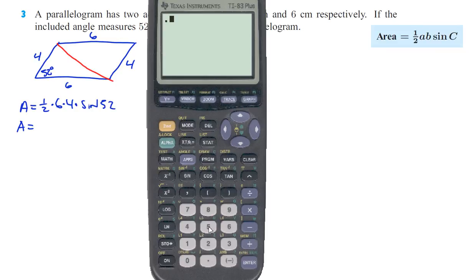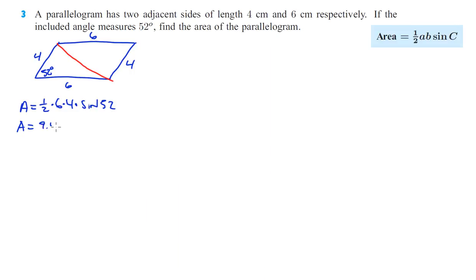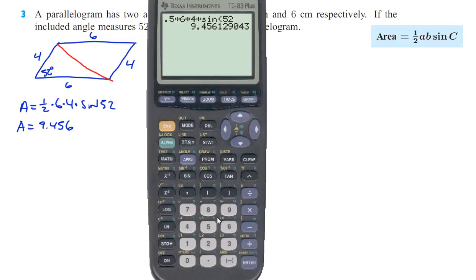So we'll do 1/2 times 6 times 4 times sine of 52, and that gives us 9.456 is the area of half of it, but we don't want half of it, we want the area of the whole thing, so let's just double that. So times 2 gives us 18.9, we'll call it.